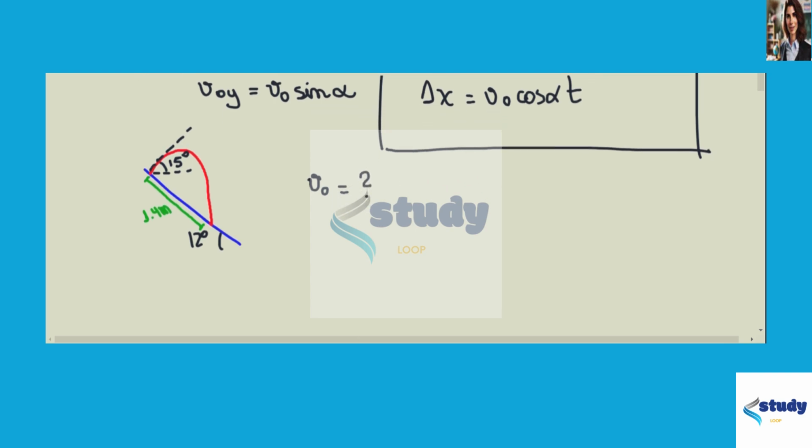Okay, so what I'm going to do first is to calculate how far he went in the x and y directions. So notice that we can draw here a right triangle where this angle here is 12 degrees. So delta x is 1.4 meters times the cosine of 12, and this is equal to 1.37 meters.